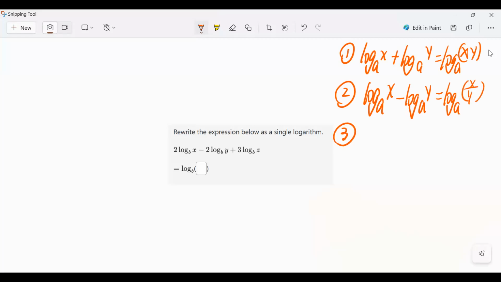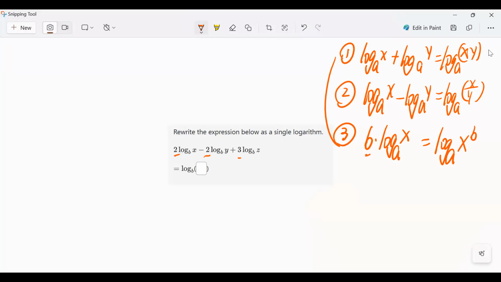And the third one, if there's a coefficient right in front of the logarithm, let's say b times log a of x, then this will become log a of x, and b will become the exponent for the x, so x to the b. So applying those 3 properties, you'll be able to tackle this. So step 1, put back all the coefficients, right?